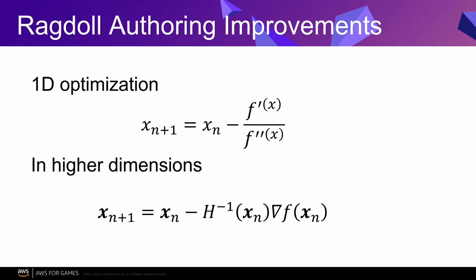So that matrix of second derivatives is very expensive to compute because very often you're figuring out the derivatives using finite differences, and if you need to find second derivatives, that's a lot of work.